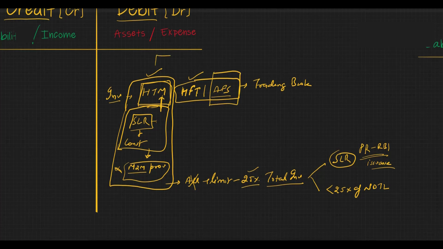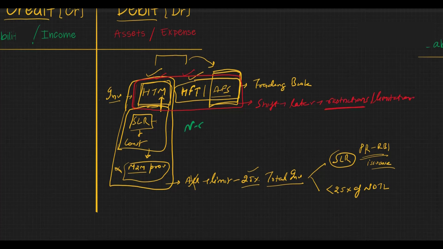The securities which do not fall under the previous two categories are classified as AFS securities. So whenever a bank buys a security, it has to label it in one of these three categories at the time of investment itself. The banks are permitted to shift securities across categories at a later stage, but that is done with various limitations and restrictions.